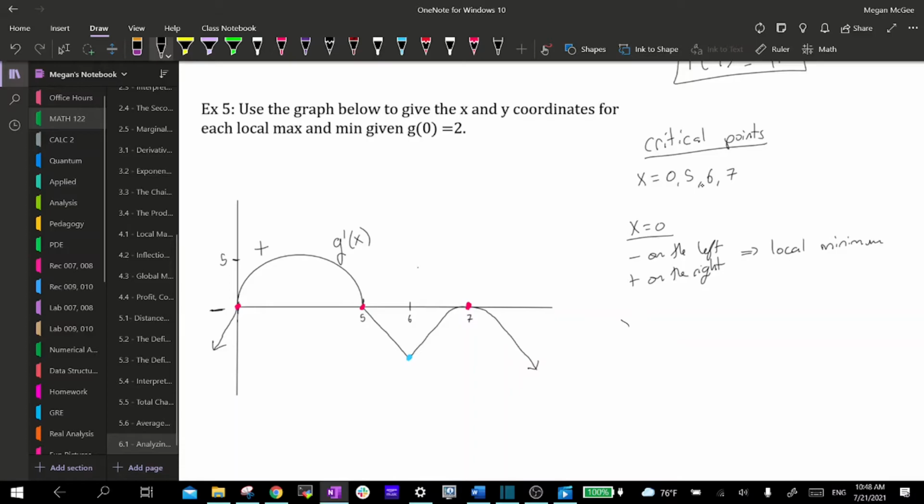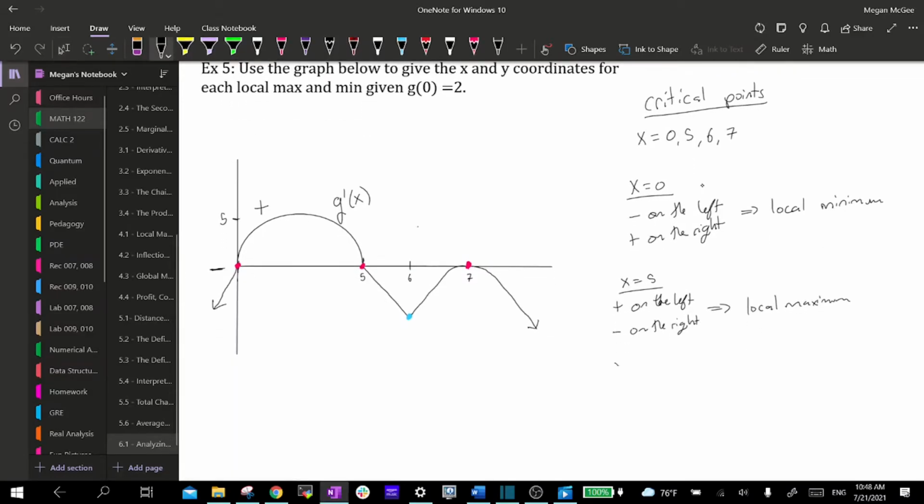So at x is equal to 5, what happens? Well, we are positive on the left and negative on the right. So we do change, and this means we have a local maximum. At x is equal to 6, what happens? Well, we are negative on the left, and we are also negative on the right.